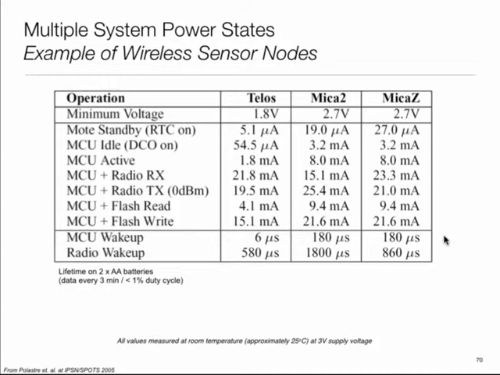What factors do you think come into this? State recovery is certainly one aspect. What else? In this particular case, these times are simply the time from interrupt to the first instruction, so this is not taking into account any sort of boot time. What do you think accounts for a 6 microsecond number?